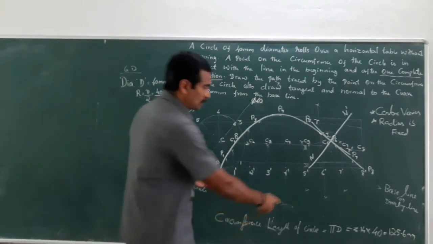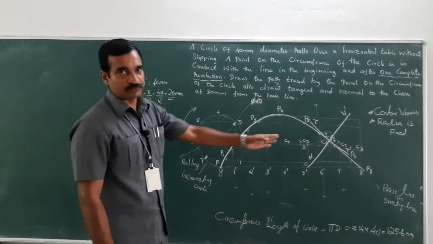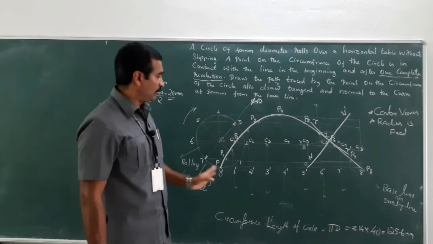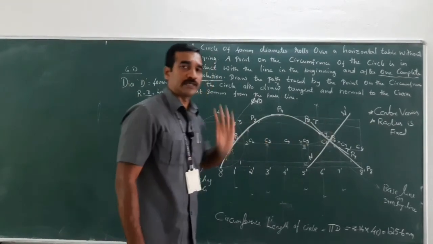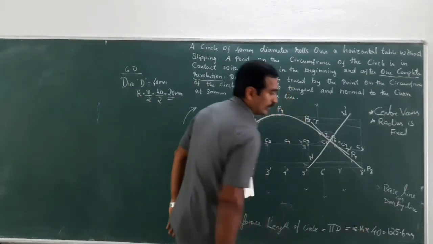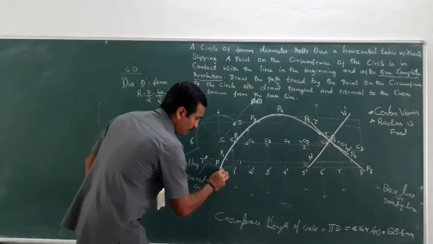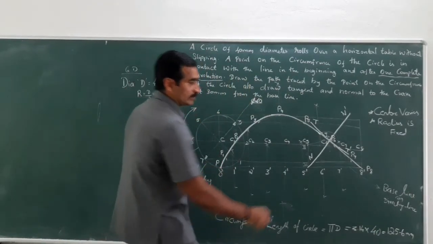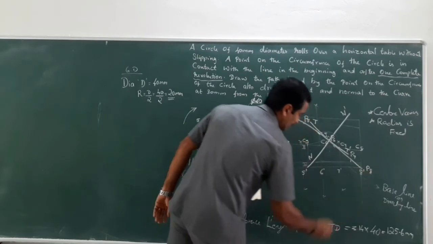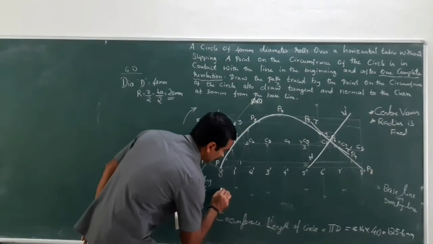And I need to specify the circumference length of the circle to complete one full revolution of the rolling circle, which is 125.6 from point 8 till point A dash. Draw a horizontal line, that means parallel to baseline.